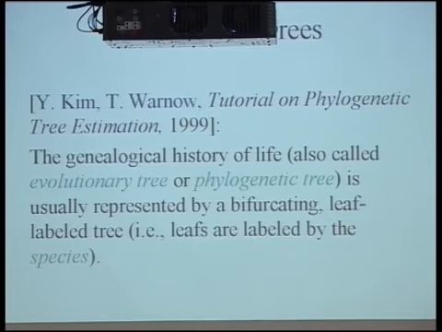So, for instance, if you look at a survey paper by Tandy and Kim, but I don't have to tell you what a phylogenetic tree is, but normally you have species or taxa which are at the leaves of some tree, and they are close to each other if their distance in the tree is small.